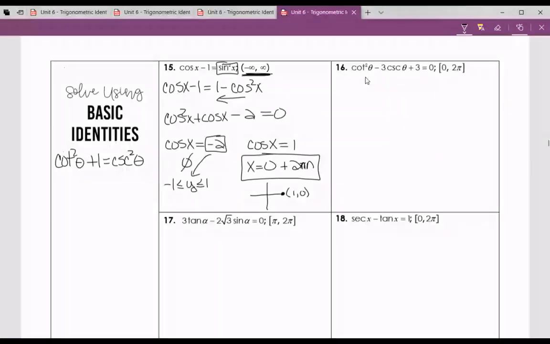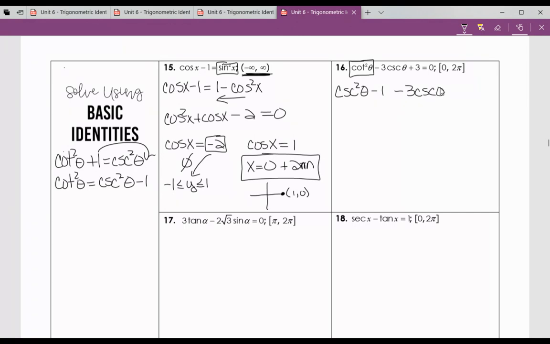So I'm going to take this cotangent square out and replace it with the manipulated version of that Pythagorean identity. So I need to subtract my 1. So cotangent square is coming out, and cosecant square theta minus 1 is going in its place.